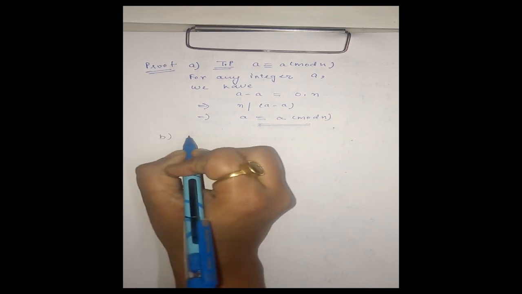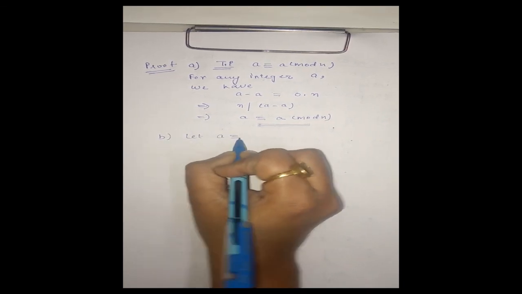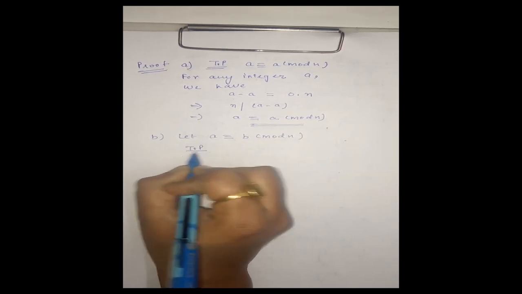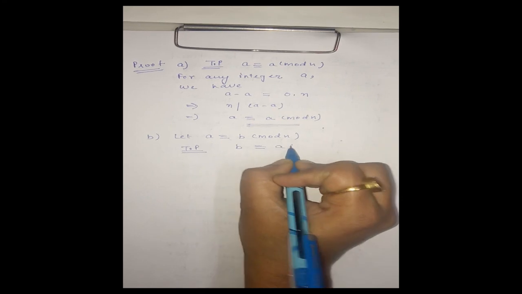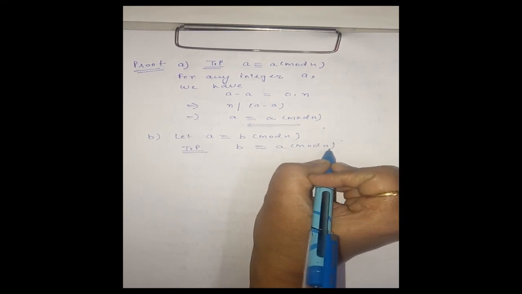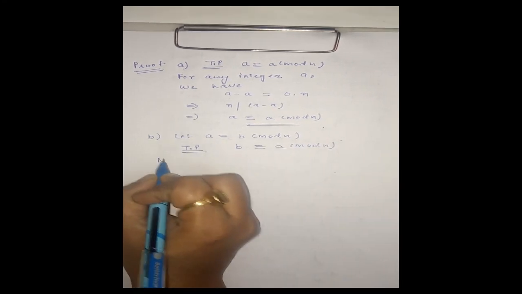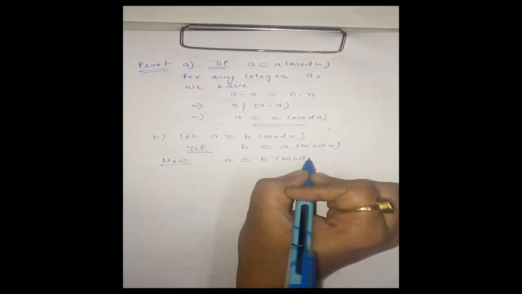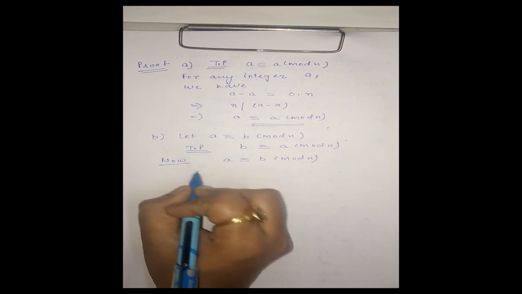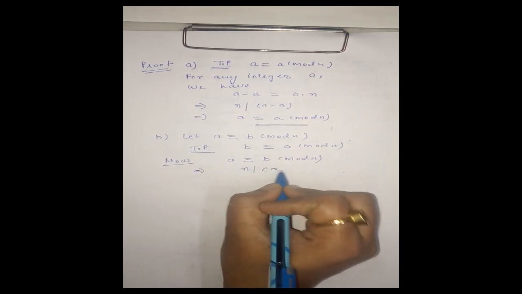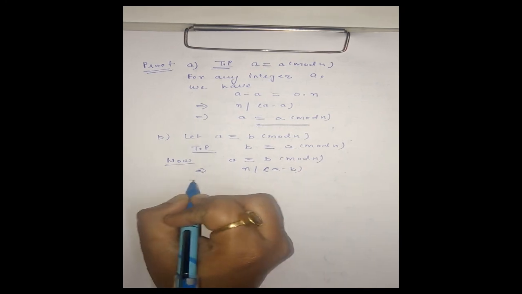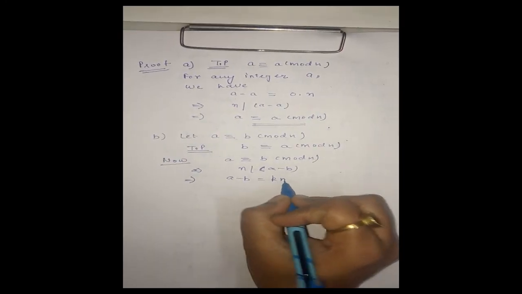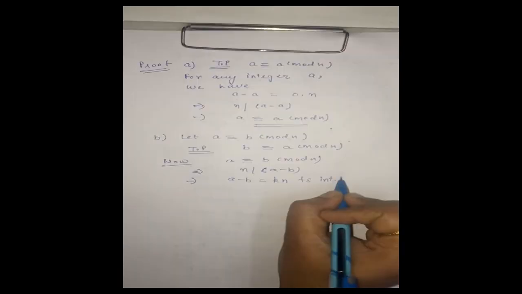Second, let a is congruent to b modulo n. To prove b is congruent to a modulo n. Okay. Now a is congruent to b modulo n implies n divides a minus b and this will imply a minus b is equal to k into n for some integer k.